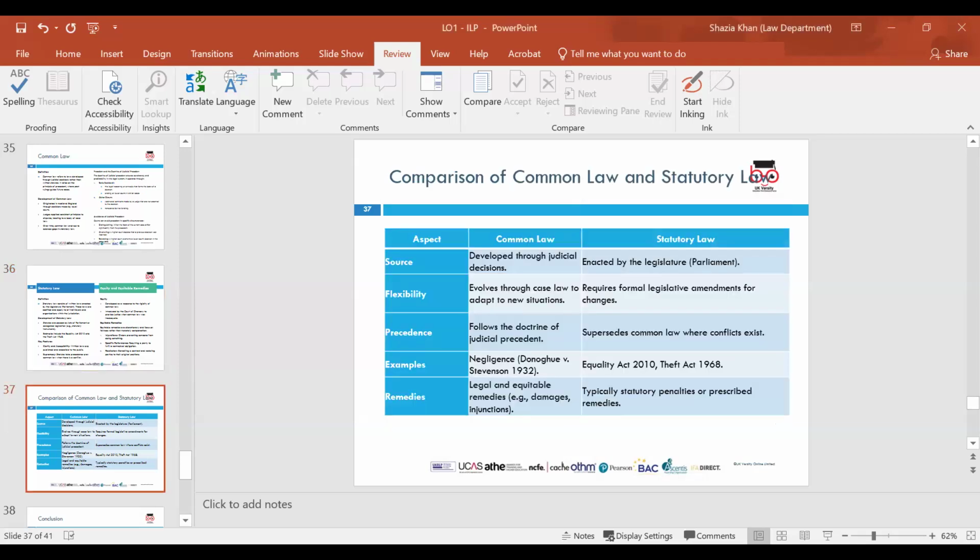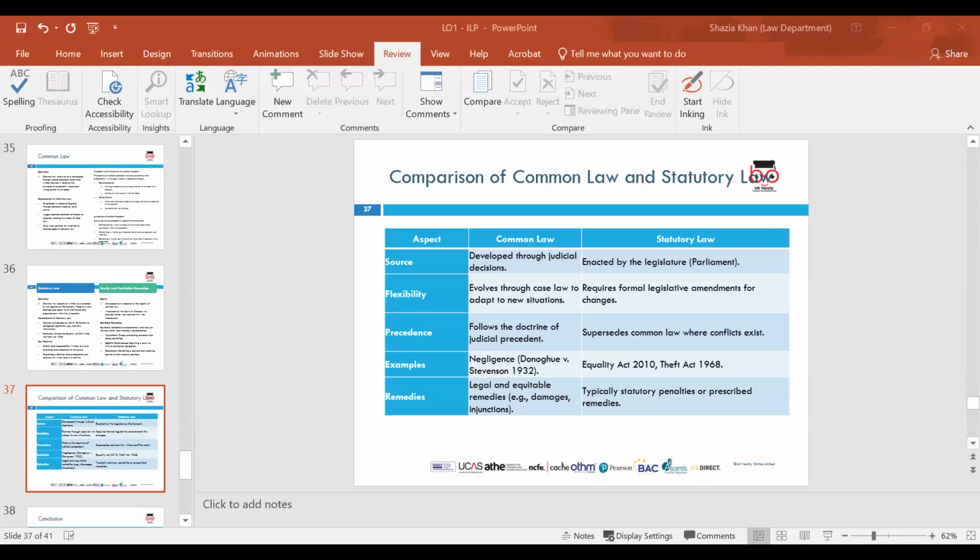Comparison of common law and statutory law. Common law is built up of precedents, and statutory law is built up by statutes made by Parliament. The source for common law is judicial decisions, and for statutory law it's enacted by the legislature, which is Parliament.